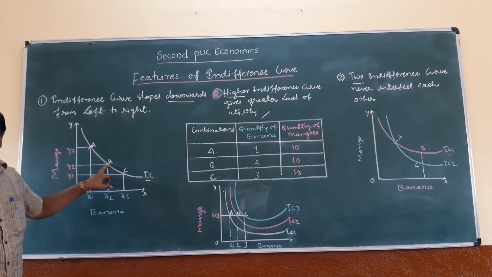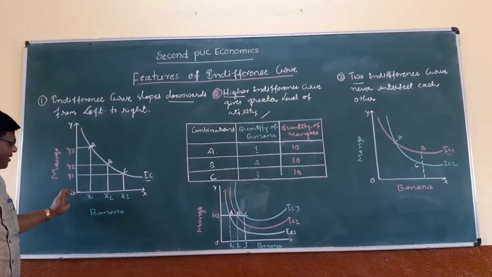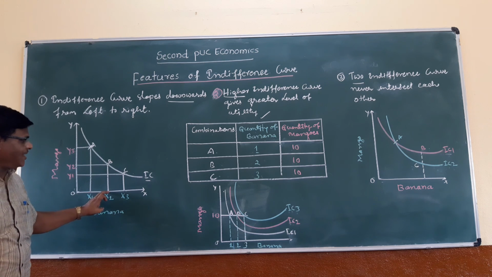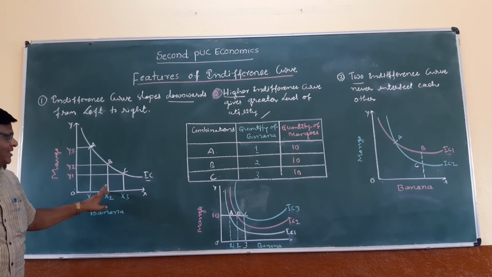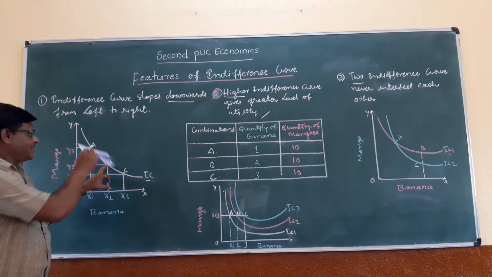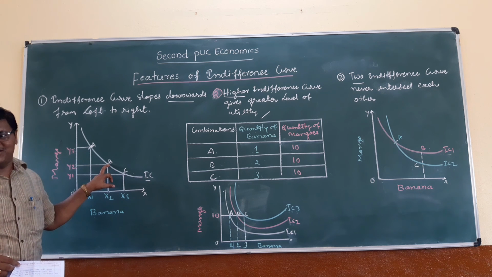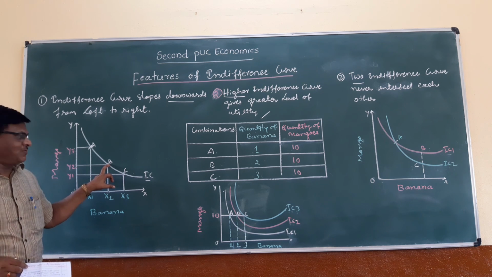It means that one commodity decreases from Y3 to Y2 and the other commodity increases from X1 to X2. B is on the indifference curve IC. It gives the same level of satisfaction and it has a negative slope.